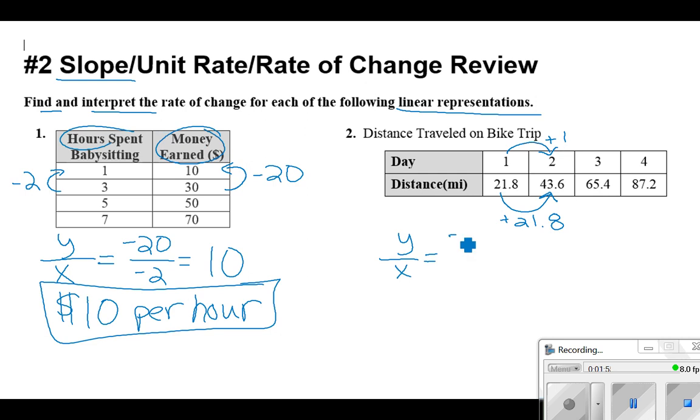When I put it into the fraction, 21.8 over 1 is 21.8. And now to interpret it, we have miles and days. So we have 21.8 miles per day.